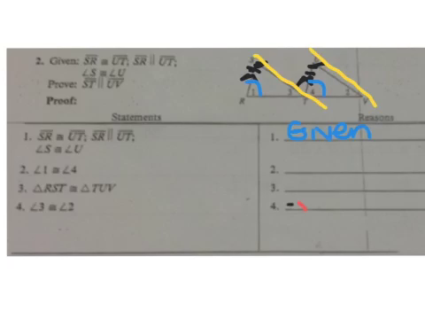Now remember, these two sides, those are parallel. The blue lines are parallel. So angle 1 and angle 4 is what kind of angle pair? Corresponding. So these are corresponding angles. And when lines are parallel, corresponding angles are congruent.